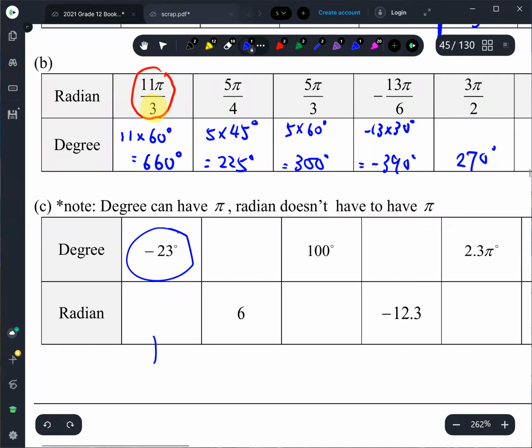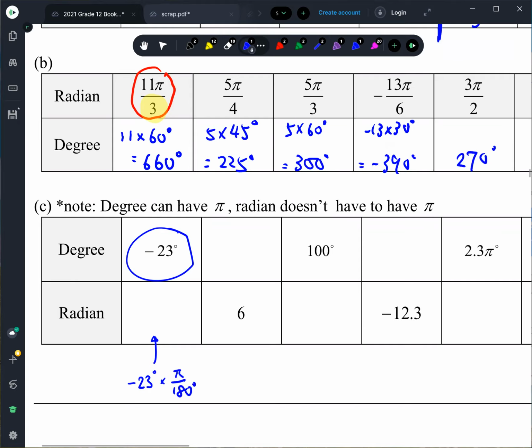The first one, negative 23 degrees. So to find this box, we know 1 degree is pi over 180, right? So negative 23, you will take negative 23 times pi over 180. Okay, so you can see the degree will cancel out with the degree.